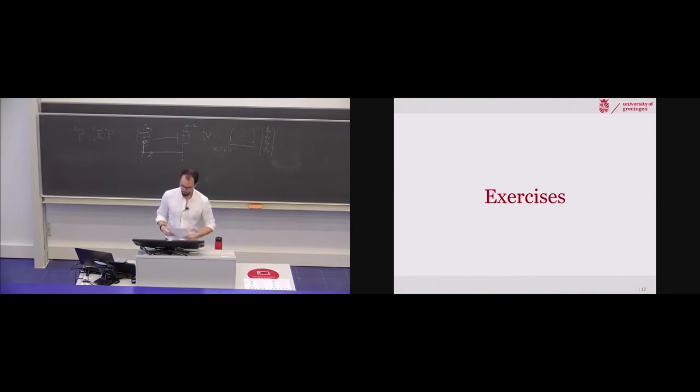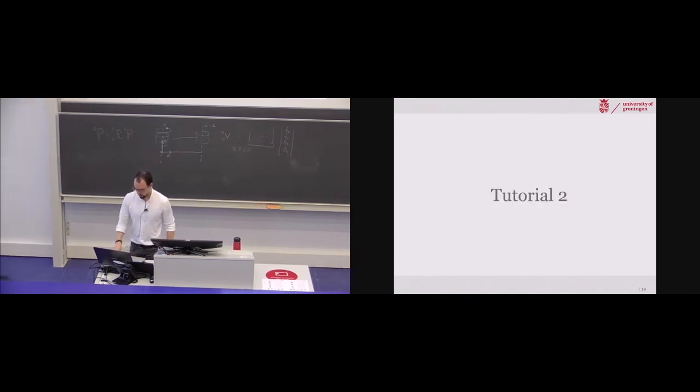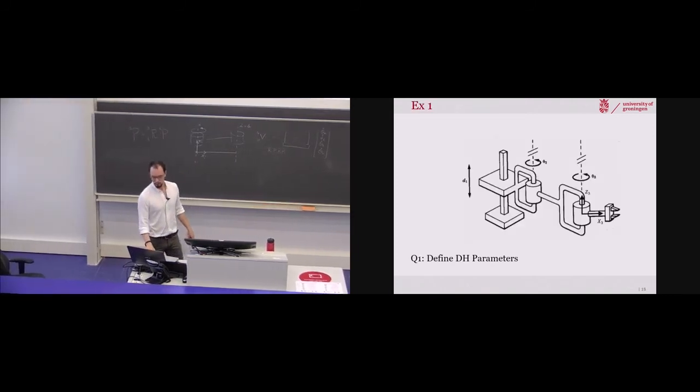So the first exercise: consider this arm over here. I already gave you the exercises, so you can also follow on the PDF that I uploaded on Nestor. It asks to draw a schematic of this manipulator with the axes of frame 0 through frame 3 labeled.